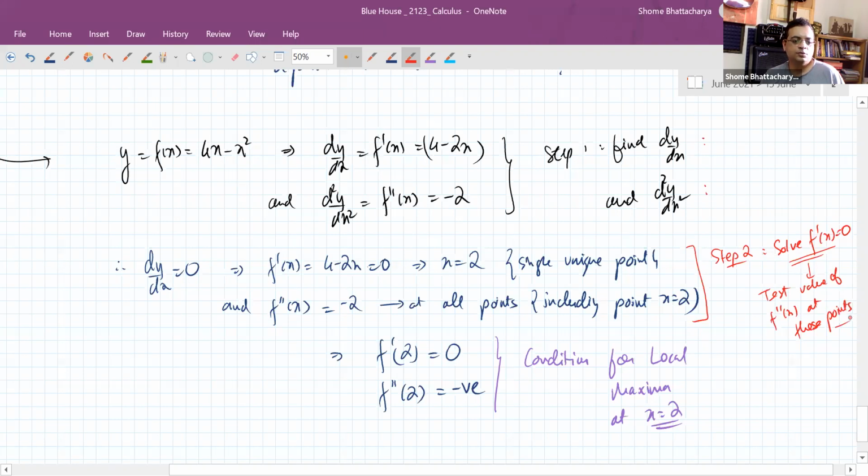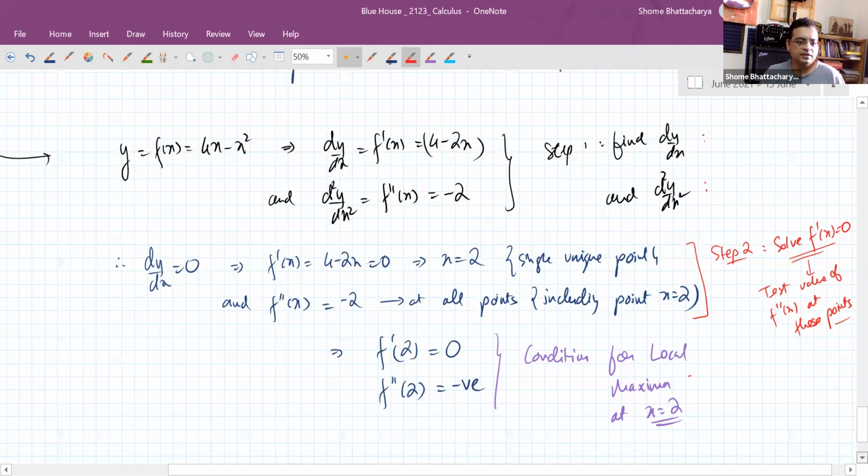In this case, there was only one point, which was x equal to 2, and we investigated the second derivative, that is uniformly minus 2. So then we came to this conclusion that the derivative is 0 and the second derivative is negative. So that means it's satisfying the condition for local maximum.